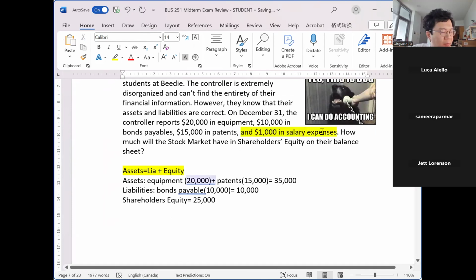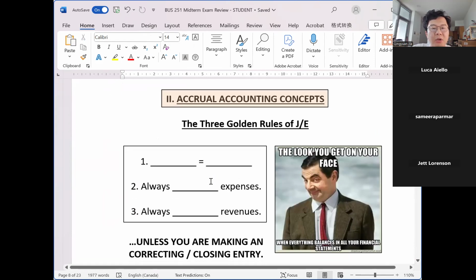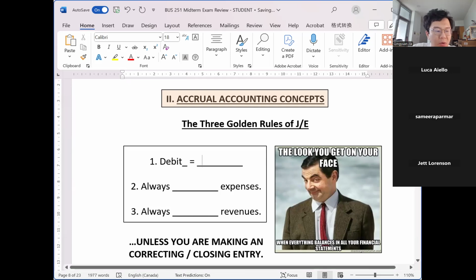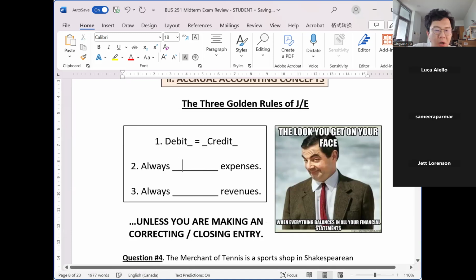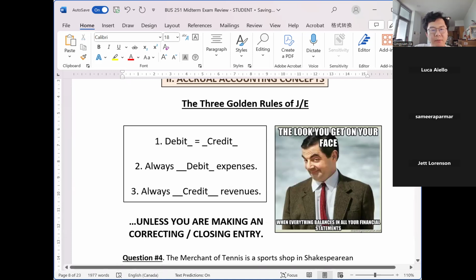Okay, let's move to the second part, accrual accounting concept, the three golden rules of journal entry. So first of all, again, debit equals credit. And we always debit expenses and we always credit revenues.